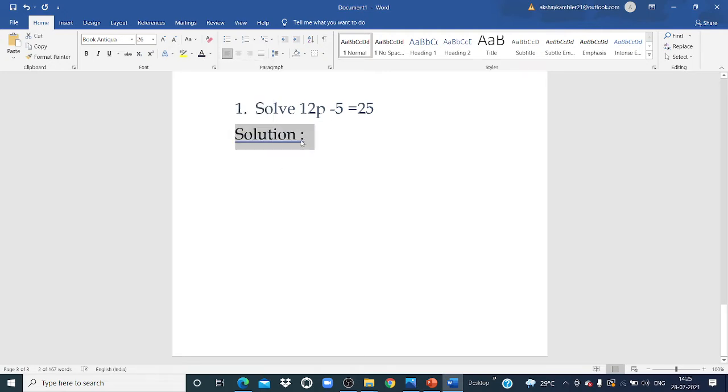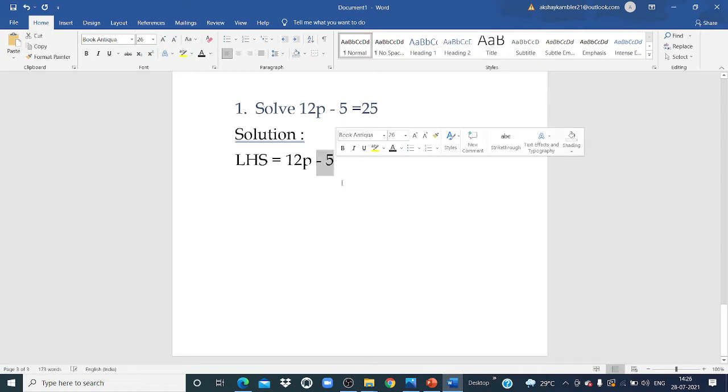While solving this, first of all, we have the LHS. First we will write it down. LHS is equal to, what is LHS? 12p minus 5. Okay, so first we will solve the LHS and then we will see about the RHS. Understood? So now here, if we see clearly, we have minus 5 on the LHS.